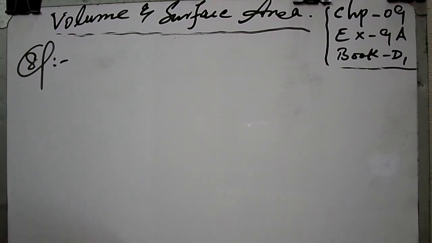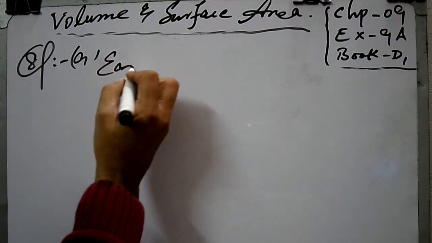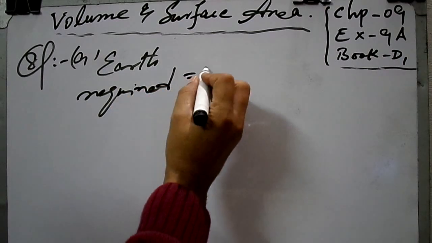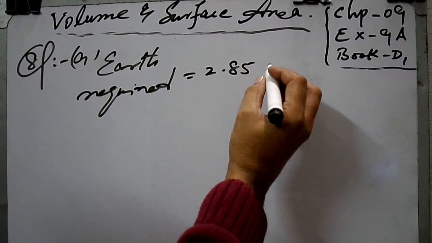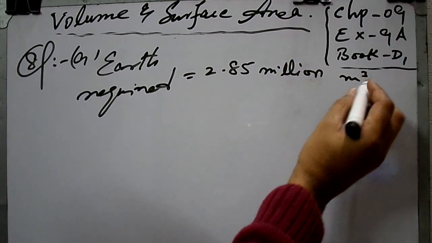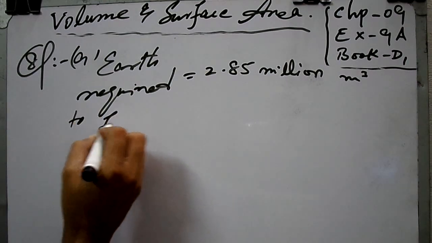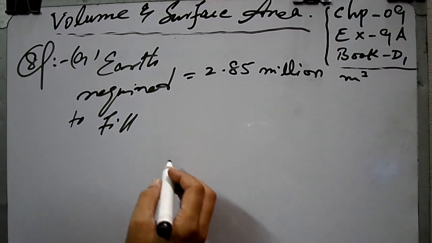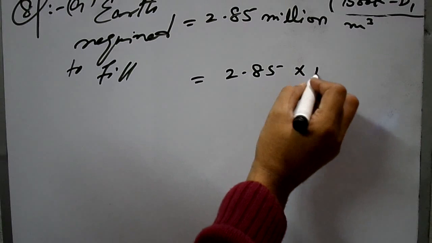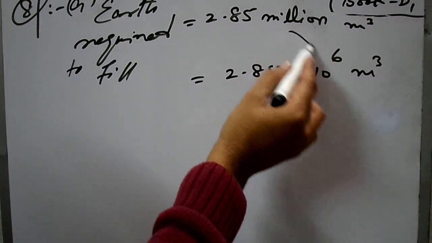Okay, first of all, in part A, the earth required to fill is 2.85 million meter cube. So it should be converted: 2.85 into 10 raised to power 6 meter cube, because million has 10 raised to power 6.